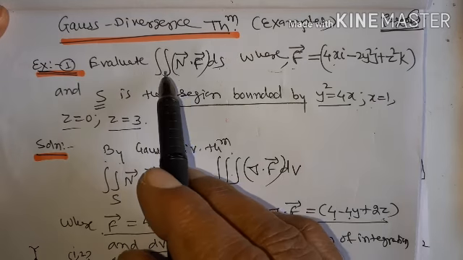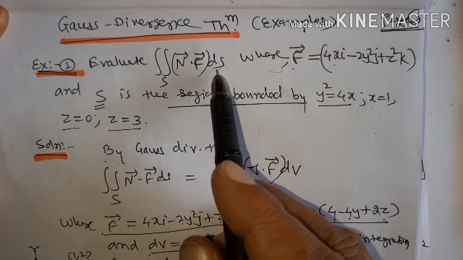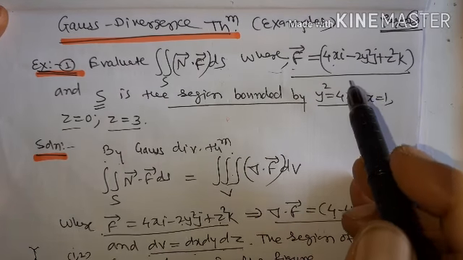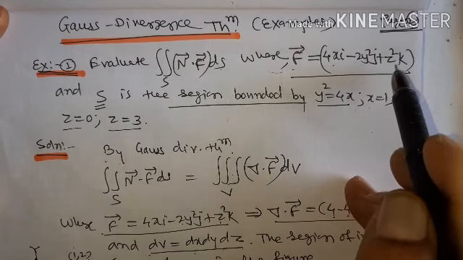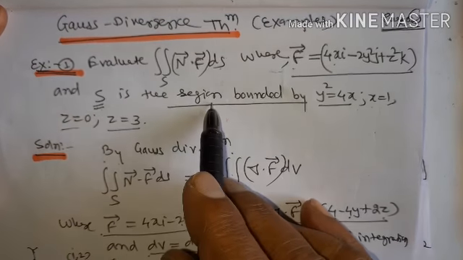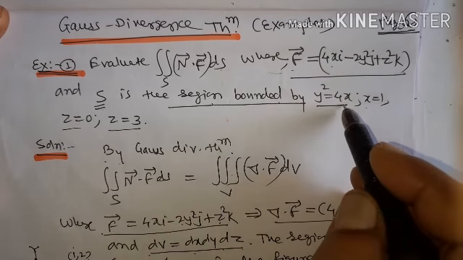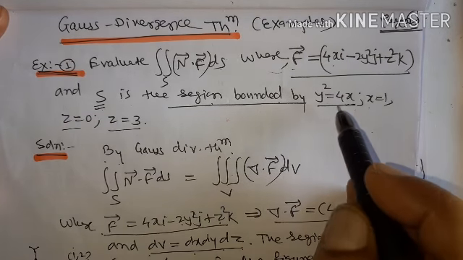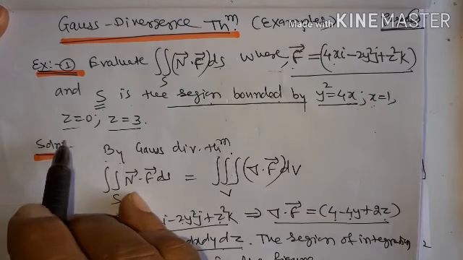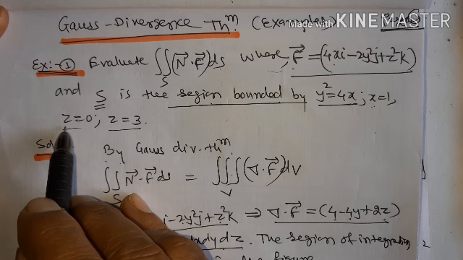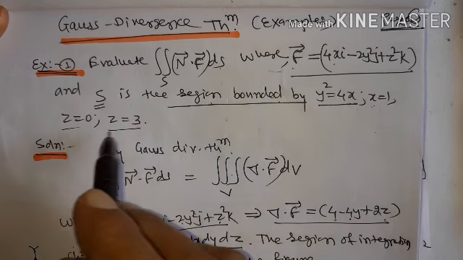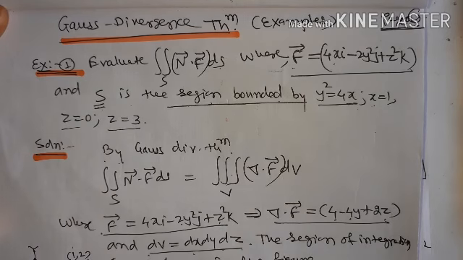Evaluate the surface integral of n bar dot F bar dS, where F bar is the vector function 4x i minus 2y squared j plus z squared k, and S is the surface bounded by the parabola y squared equal to 4x, the line x equal to 1, and the xy plane, where z varies from 0 to 3. So these are the limits for z which are given to us.